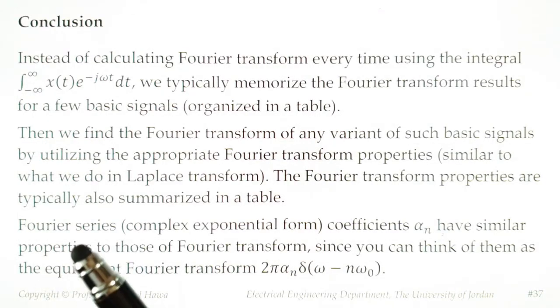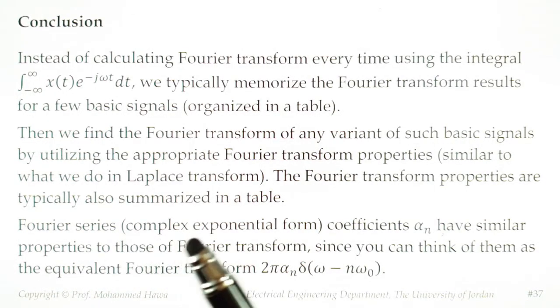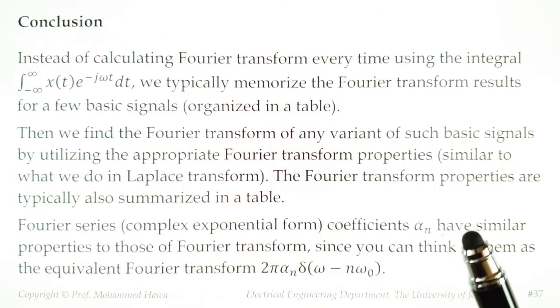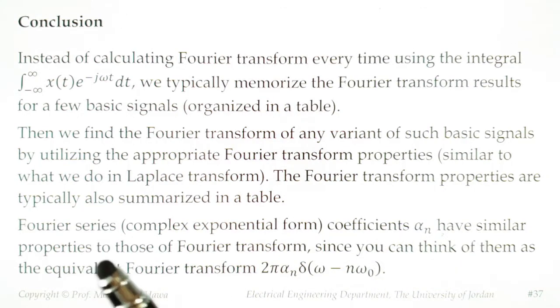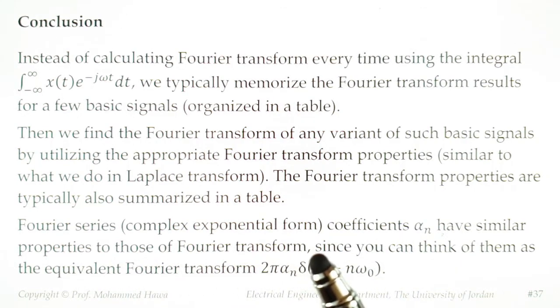Also, please remember that the Fourier series complex exponential form coefficients alpha n have similar properties to those of Fourier transform, because you can think about them as the equivalent Fourier transform 2 pi alpha n delta of omega minus n omega naught. So you can take some examples that I've given you in this video and convert them into periodic versions and calculate the alpha n's using Fourier transform properties.